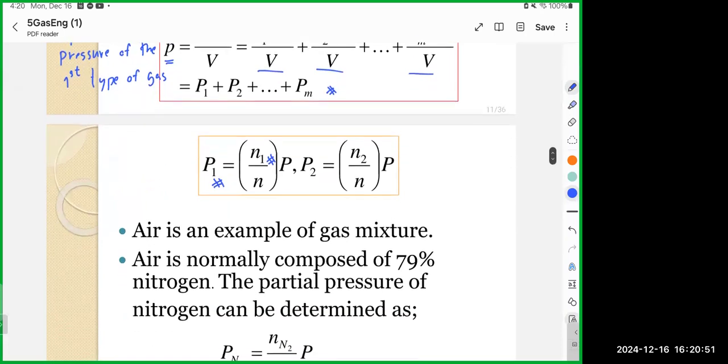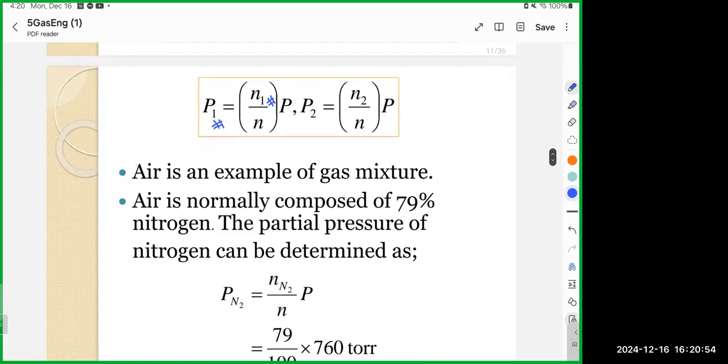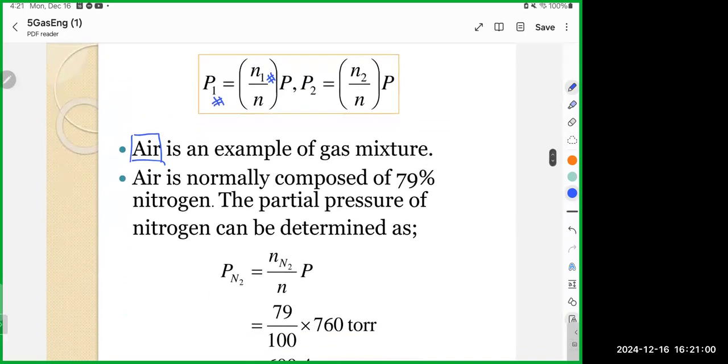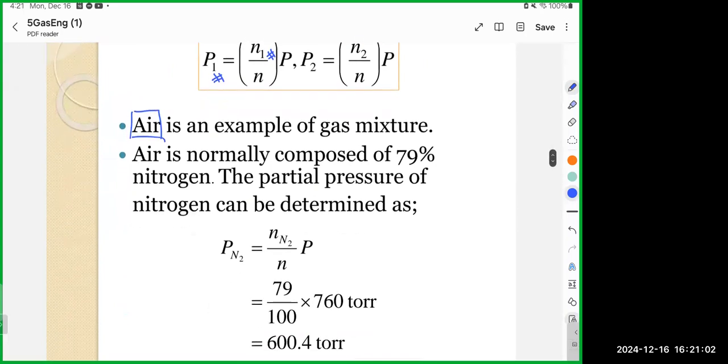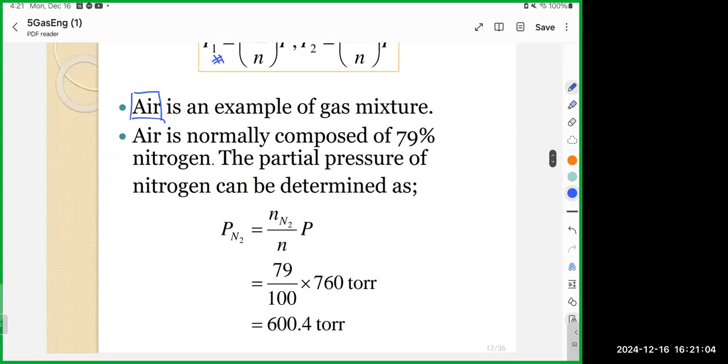Okay. And the air that we use to breathe is a gas mixture because there is around 79% of nitrogen.